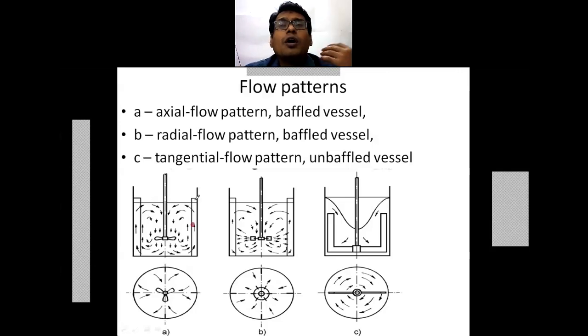Now, mostly we are having the mixers. If you look at the mixer, this is the primary agitator which you see in your day-to-day life, and all these mixers serve these flow patterns.